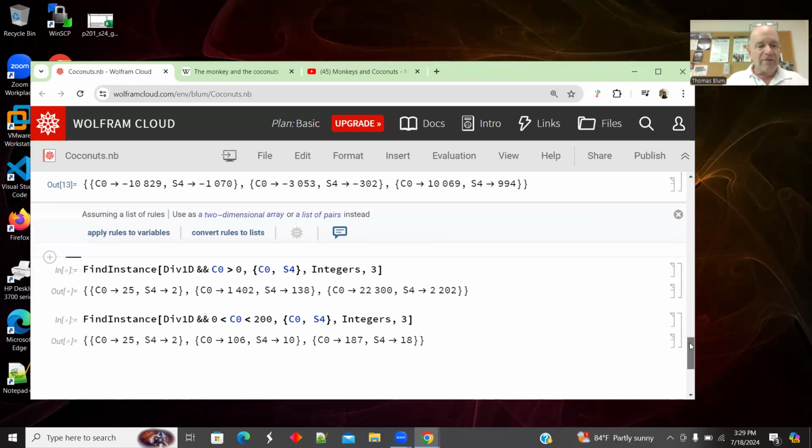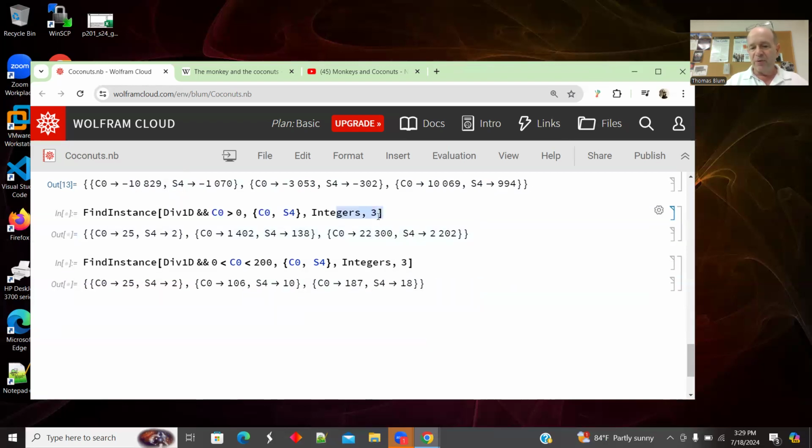You can play further games with FindInstance. You can use ampersand, ampersand to give some conditions. So now I'm saying find some instances of this Diophantine equation where C0 is greater than 0, I want them to be integers, and I want 3 of them.